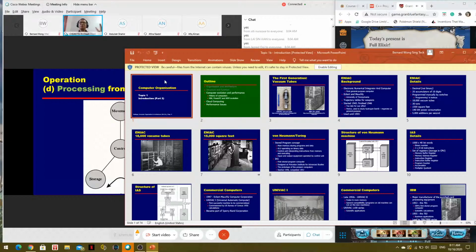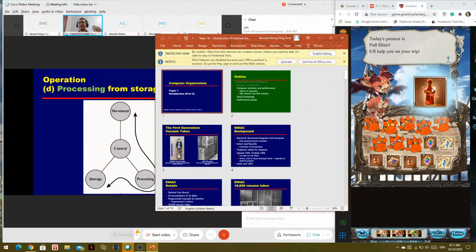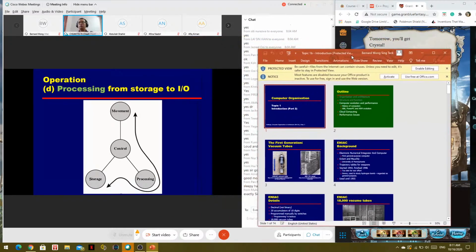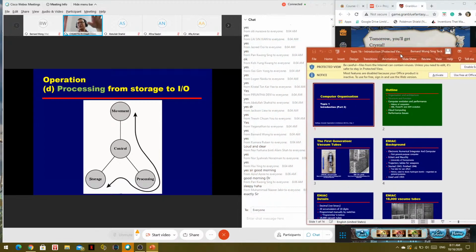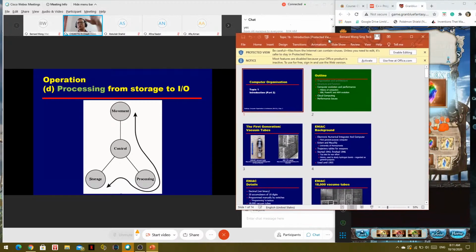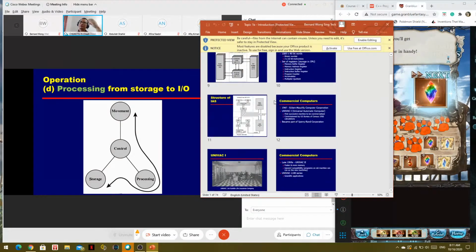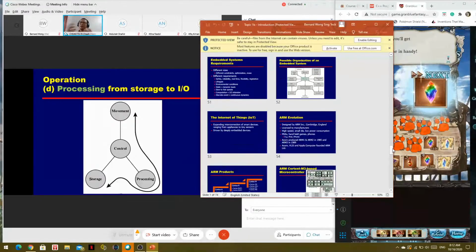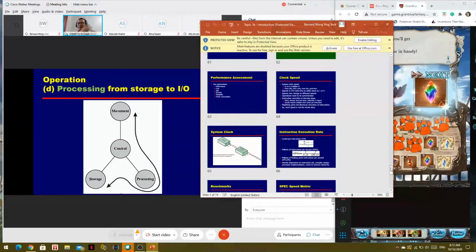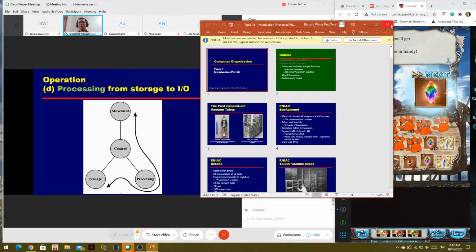So the processing happens in order to bring the data to an output peripheral or output device. The process going on here is data from the storage being processed, and after that moved to the I/O in order for it to be displayed or printed.